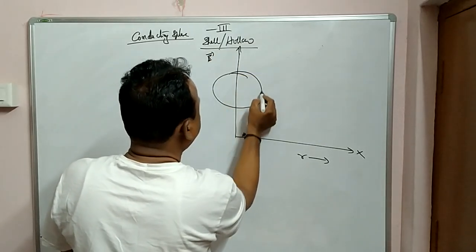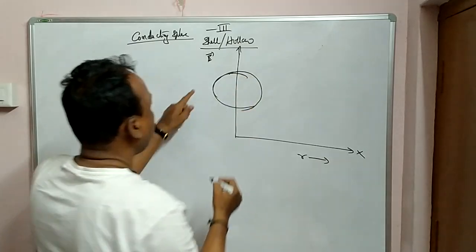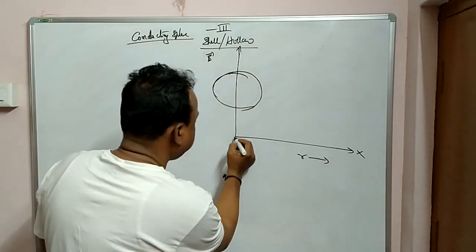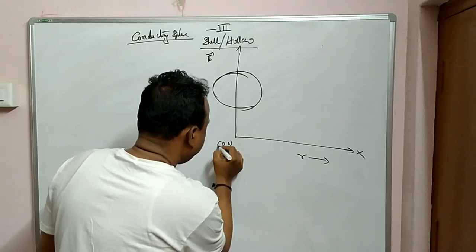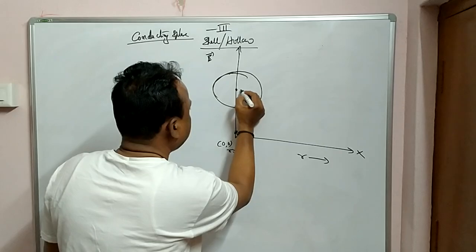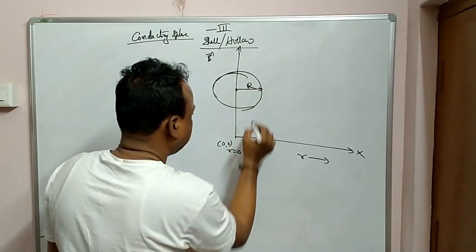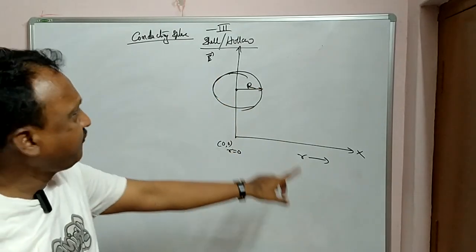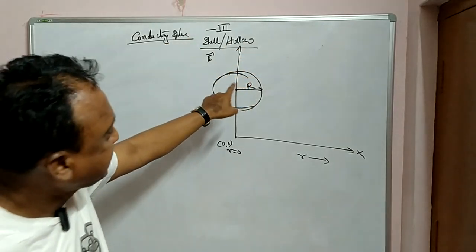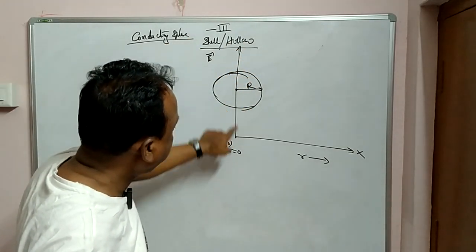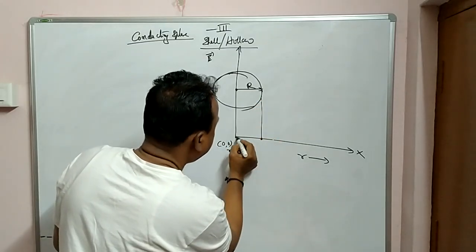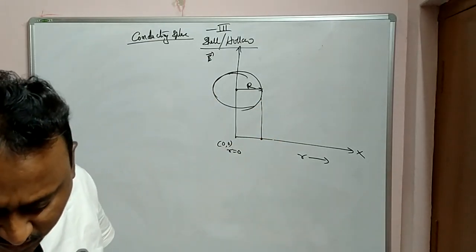Now, if you draw a graph for this hollow or shell, the graph goes like this. See here, this is the origin, 0, 0. Here r is equal to 0, the center. This is capital R. What happens here?